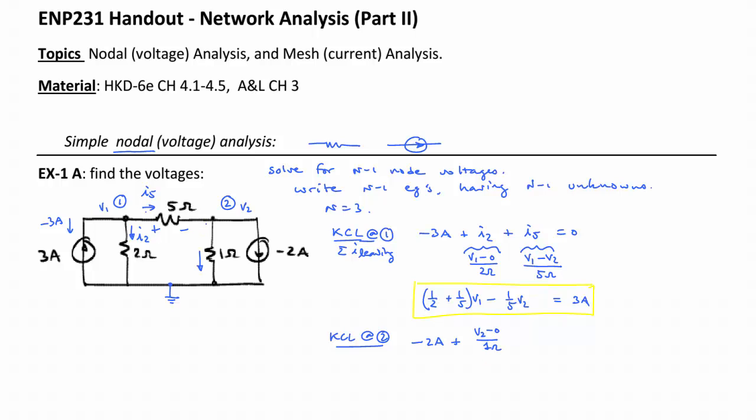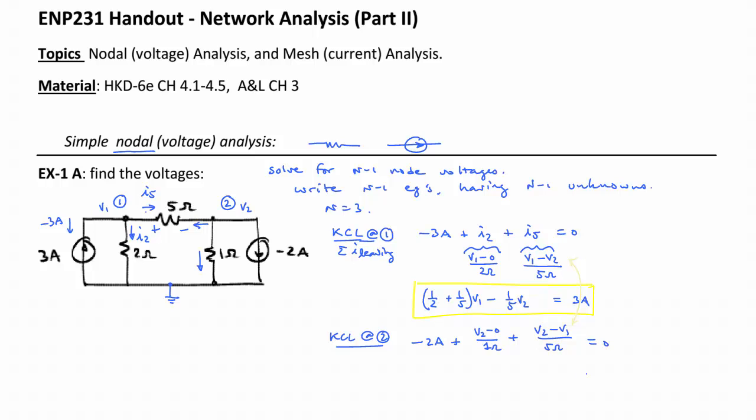And the current leaving node 2 from the right flowing left is going to be V2 minus V1 over 5 ohms. Notice that's the opposite from what we had before, and that makes sense because in the one case we were talking about current flowing to the right away from node 1. Now we're talking about current flowing to the left away from node 2. And that is going to be equal to 0.